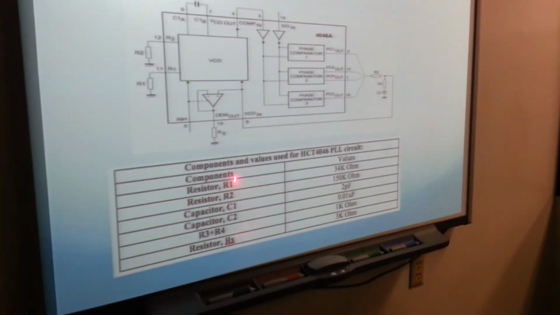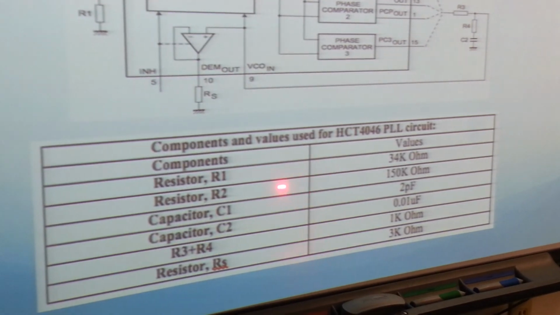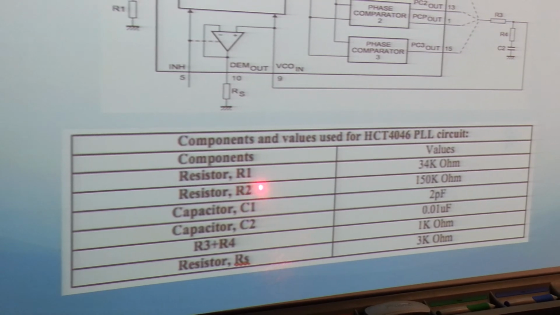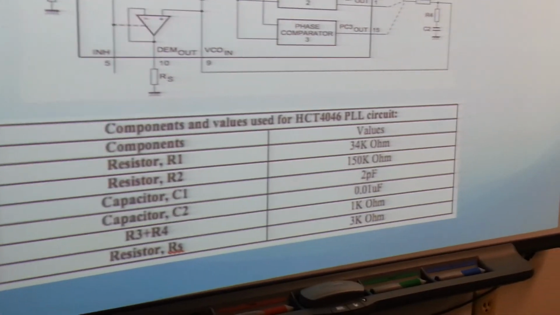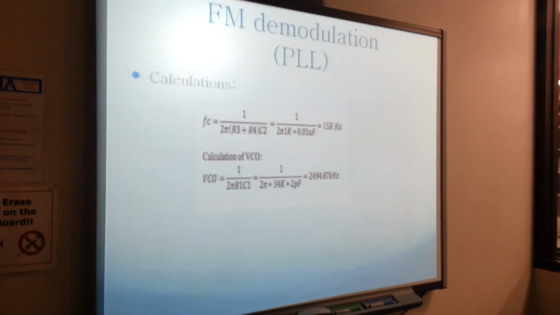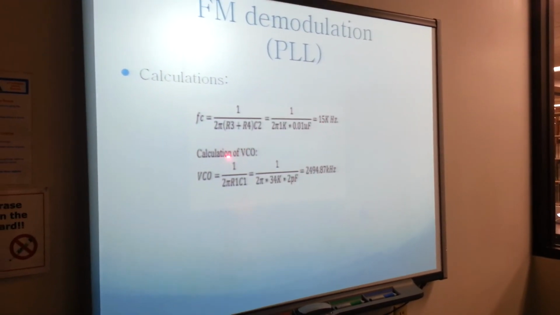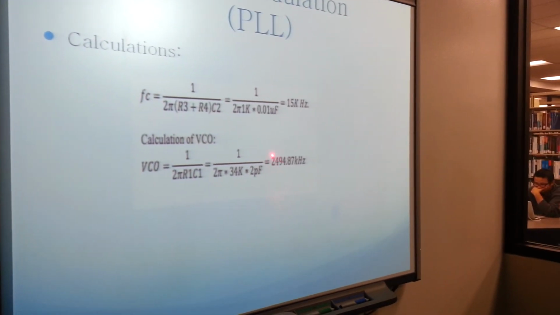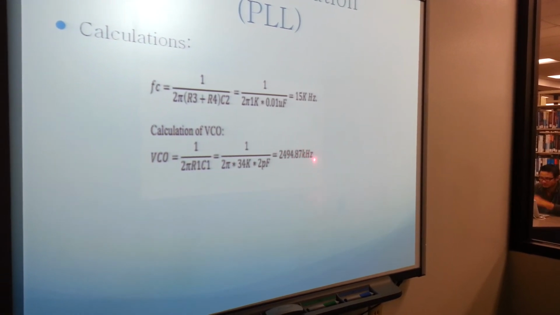The table here shows the values that we are using to build our circuit for different components, resistors R1, R2, C1, C2, as you can see over here in the picture. The cutoff frequency for our low pass filter, which is right here, is 15 kilohertz, and the voltage controlled oscillator is 2494 kilohertz.